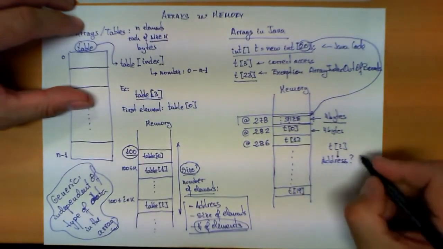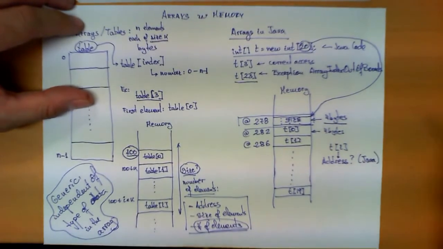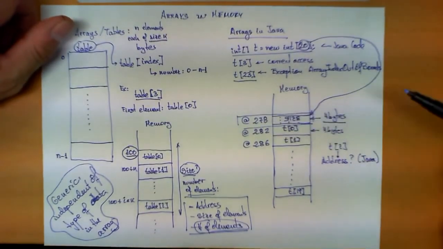Now if I'm given the expression t of i to access, the address of this element in Java is computed following the formula we've seen here, but with one little correction, which is we have to account for these 4 bytes that are at the beginning.